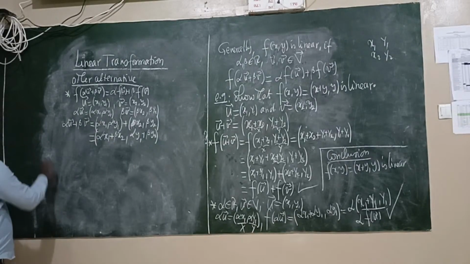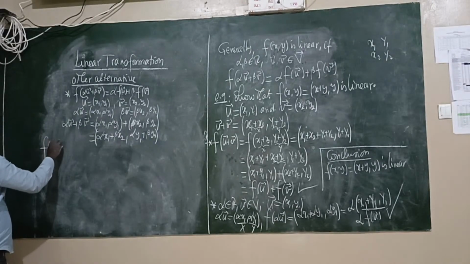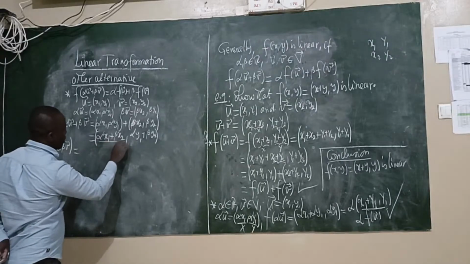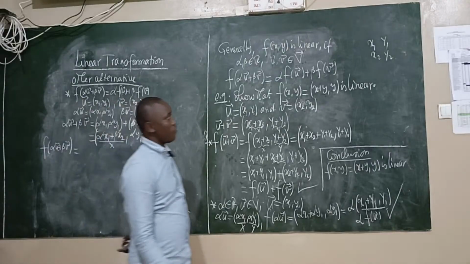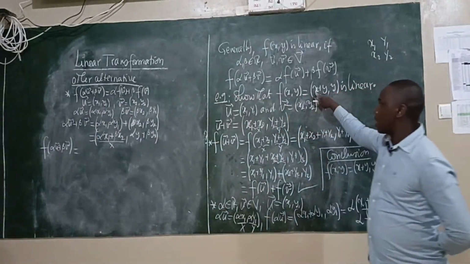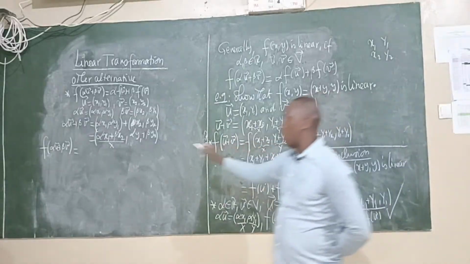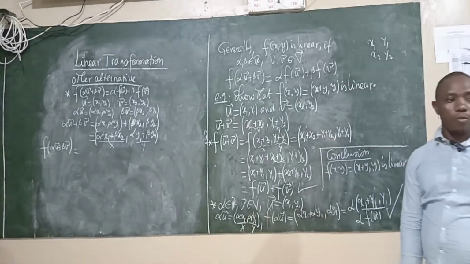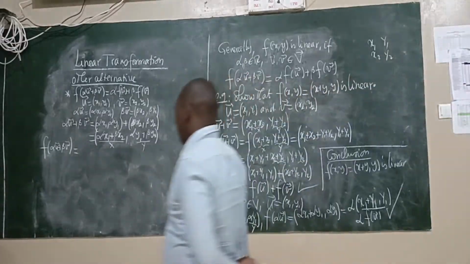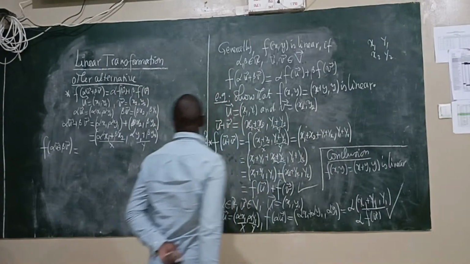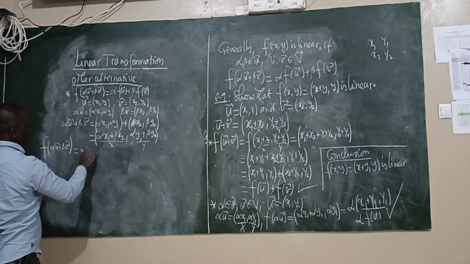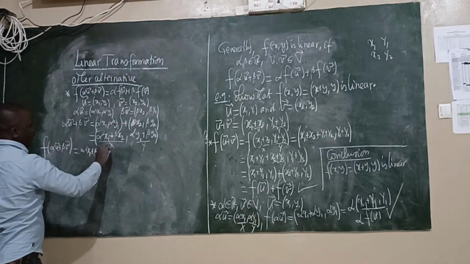Now, f of alpha u plus beta v is going to be, this will be replacing x in the given transformation, while all of this will be taking the value of y in our transformation. Instead of having x, we are going to have alpha x1 plus beta x2.